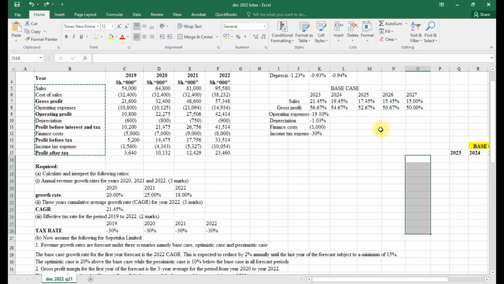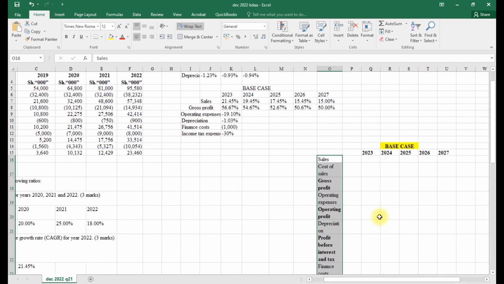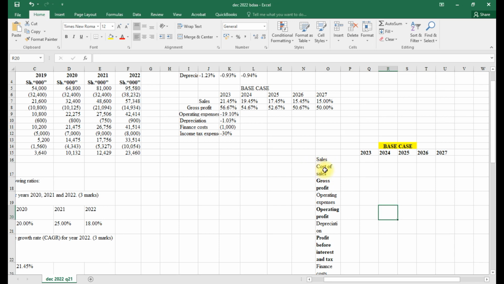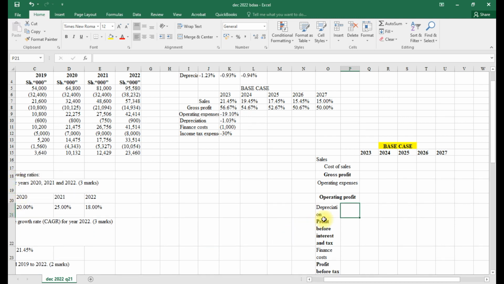Okay, so I just have a paste of that, and that way, whereby I'll just merge this to reduce these lines, merge this, so merging this, so I merge this, depreciation, merge this, and I reduce the size here.